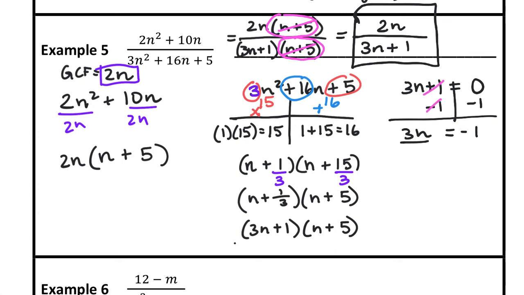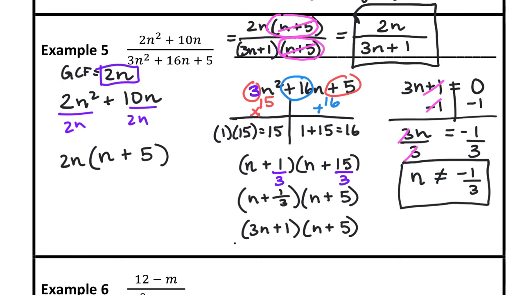Then we divide both sides by 3. These are going to cancel here. And n cannot equal negative 1/3. And there we go. That's example 5.